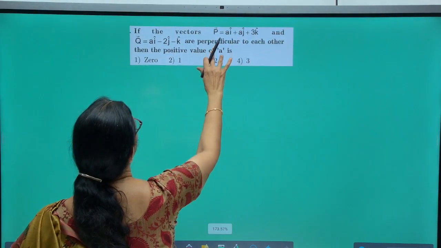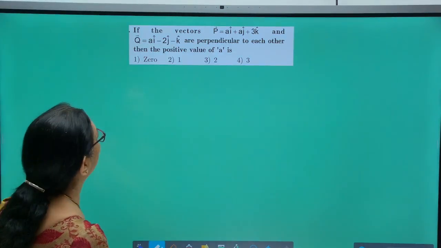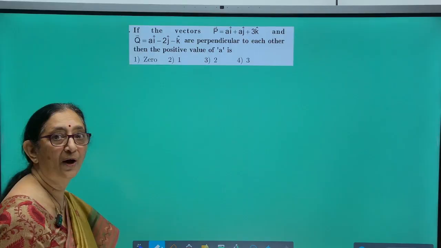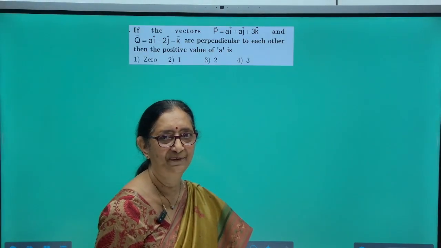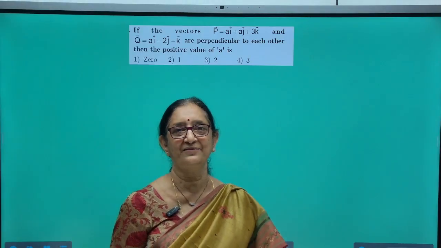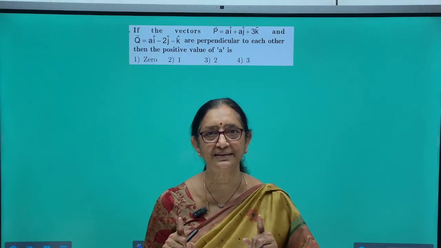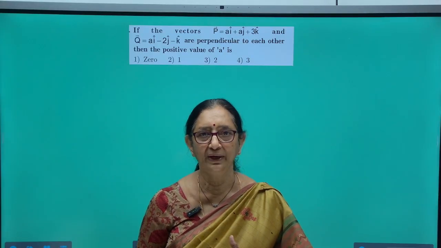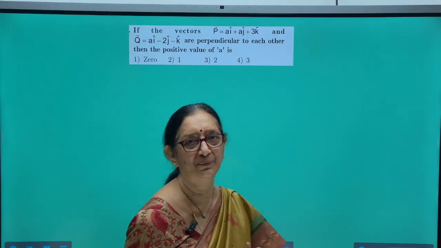If the vectors P and Q are perpendicular to each other, find the positive value of A. By this time, if two vectors are said to be perpendicular, immediately we take their dot product as equal to 0.